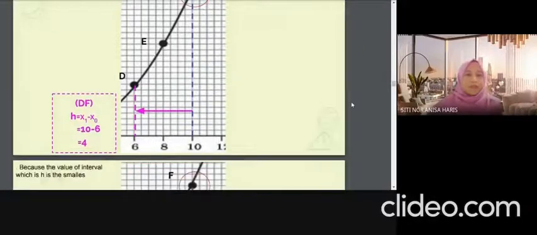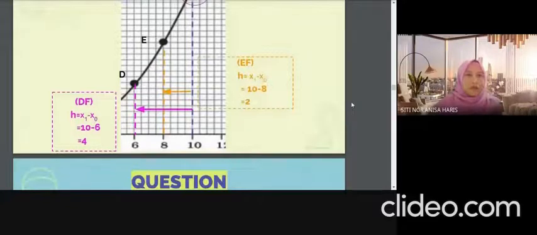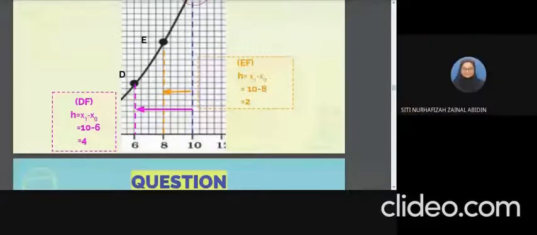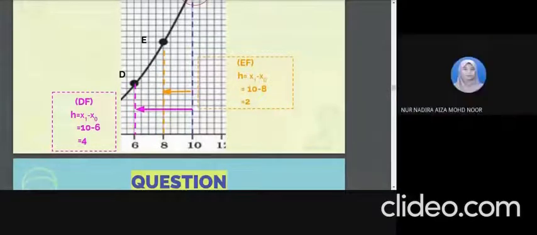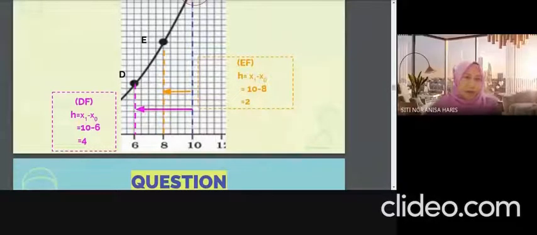So we can already see which one is closer to the point F, right? Which secant is the closest, class? EF. Yes, EF. But why do you think it is EF?